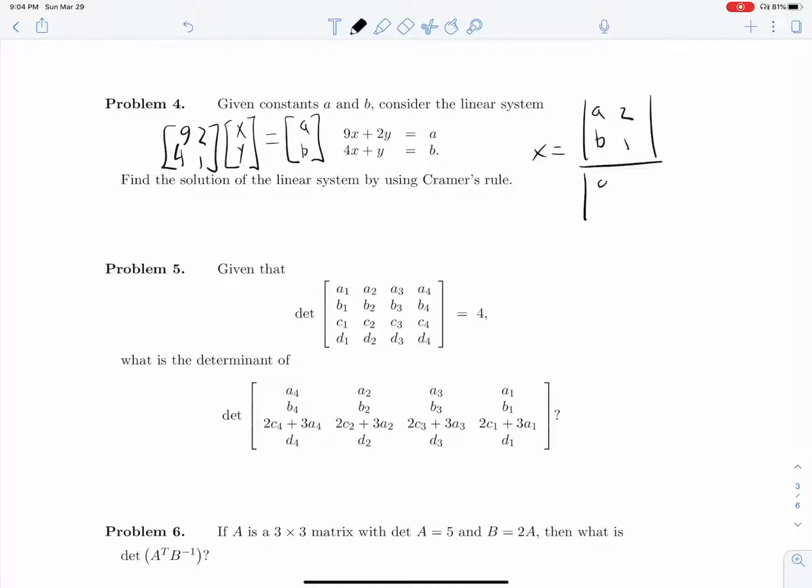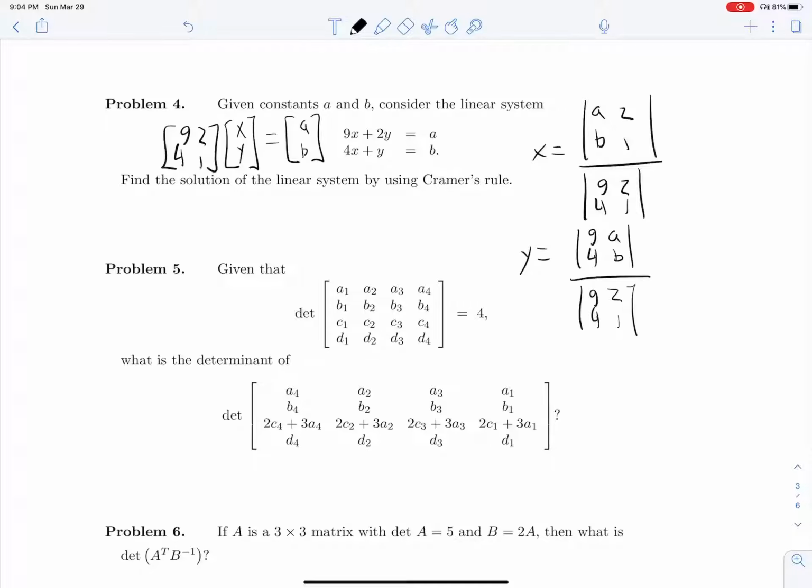So that's 9, 4, 2, 1 just by itself. And then y, similarly, is going to be the determinant of 9, 4, a, b, all over 9, 4, 2, 1.